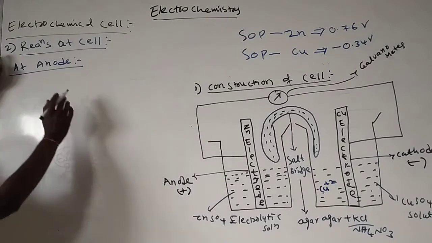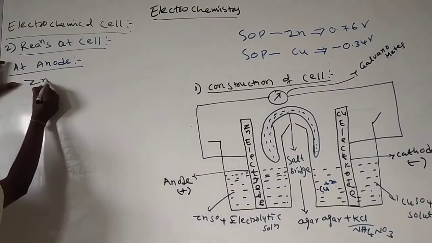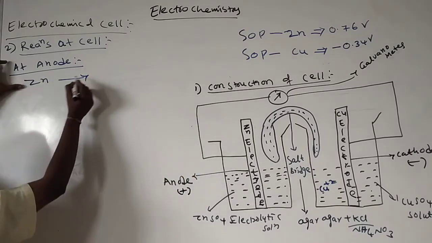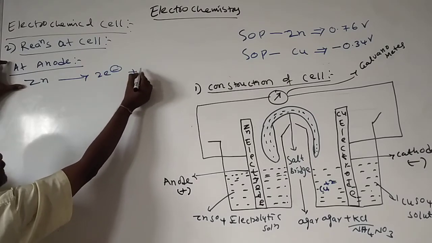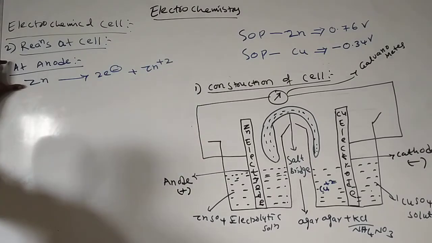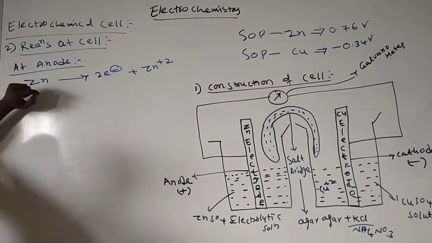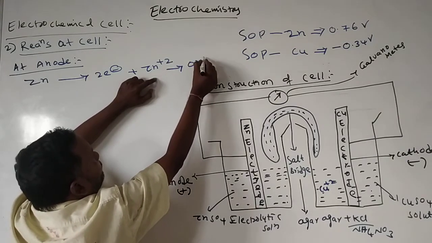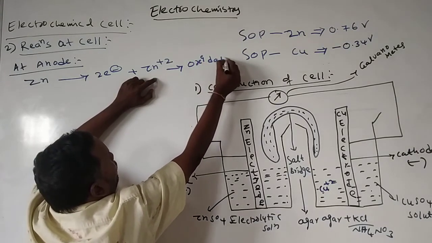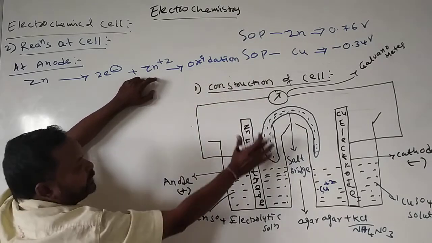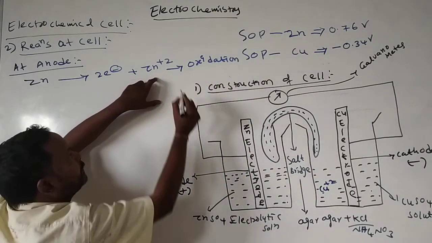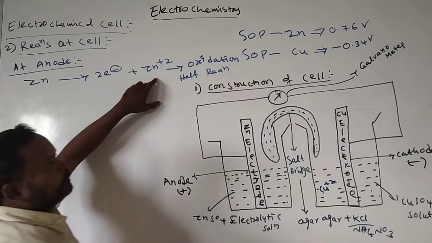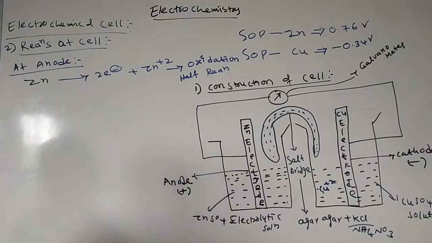Here at the anode, what happens? Zinc electrode loses 2 electrons and forms zinc plus 2 ions. This we call oxidation. It is observed at only one electrode, so we call it the oxidation half reaction.